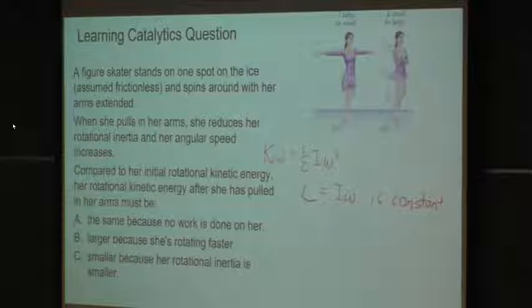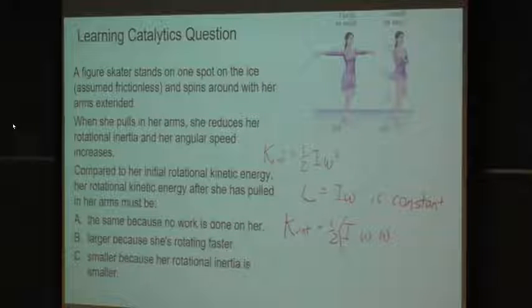Now what I'm going to do is try to combine these two equations. I can say that K rotational, which is what we're asked about, is equal to 1/2 times I times omega times omega. All I've done is take the omega squared and change it into omega times omega. And now I'm going to put parentheses around this.